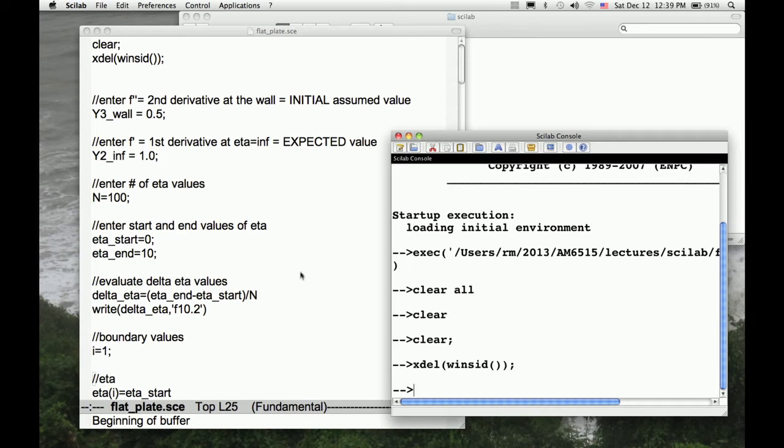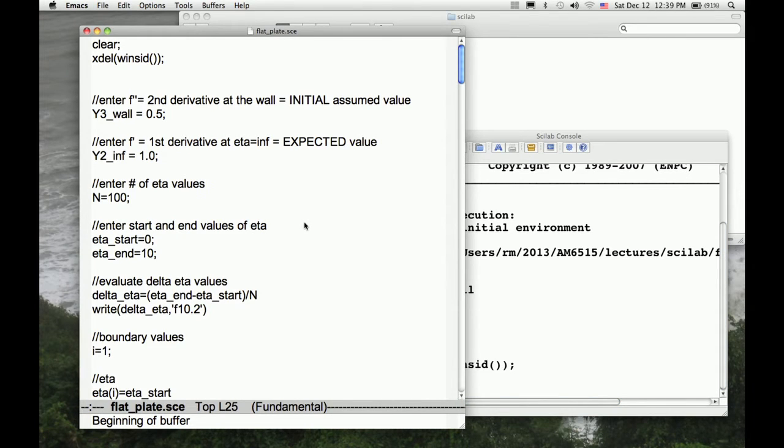Before I explain the code and the numerical method which we've used, let me first run this and show you the output. Basically I take that equation and use a little computer code to solve it.